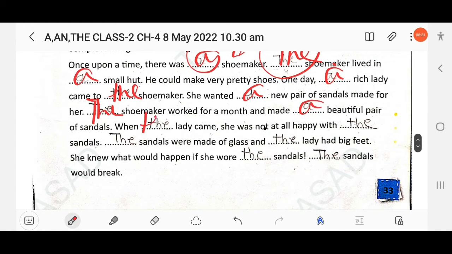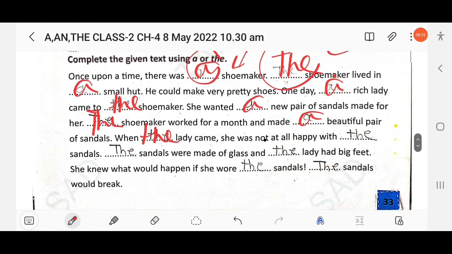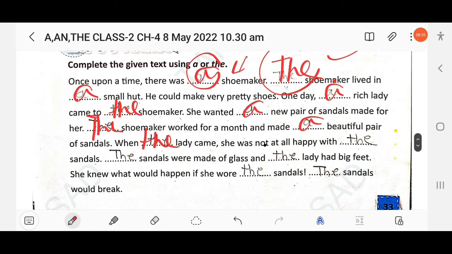When the lady came, here the lady, a rich lady is already used in the previous sentence. And again the lady is mentioned. So you have to use the.